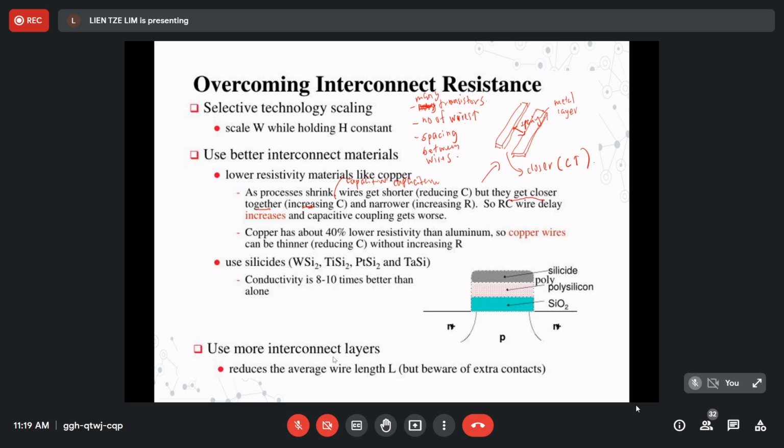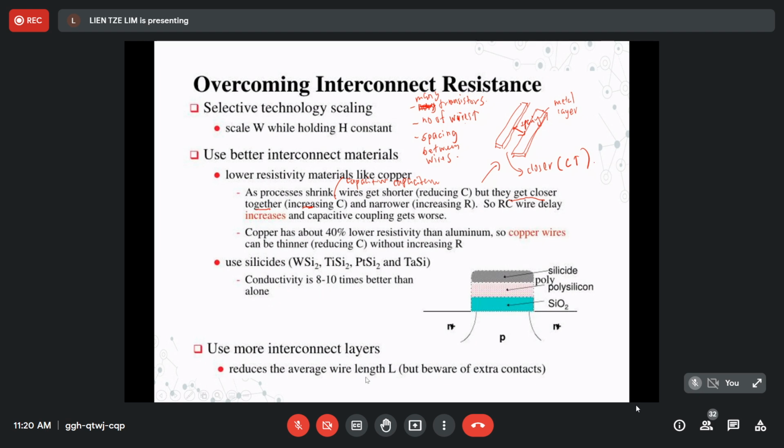It doesn't really mean that more interconnect layers will be better. We also have to consider the spacing between all the wires. We have to make sure that the wires are not too close to each other, and at the same time consider the wire length and the number of contacts used.